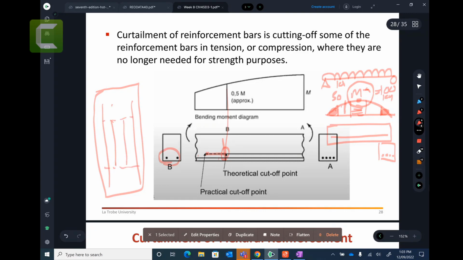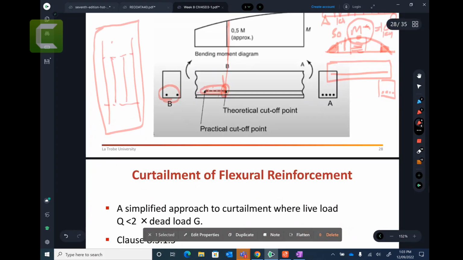So that's the situation, saying that when the bending moment is at 50%, you can cut off your bars, right? So that is called curtailment, and I will tell you where the standards let you cut off that bar.